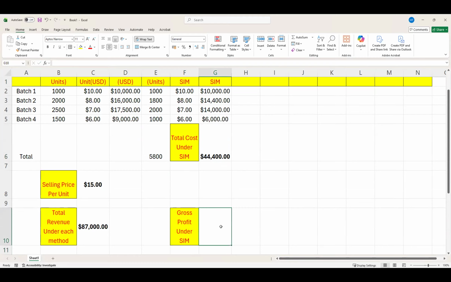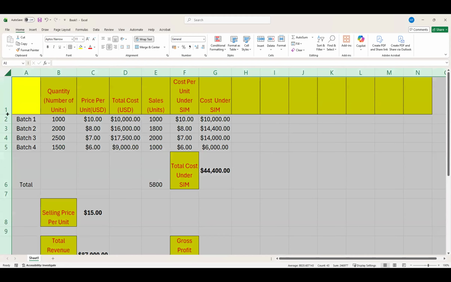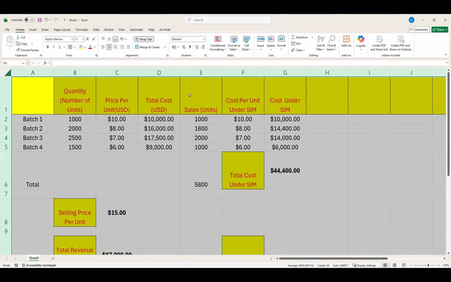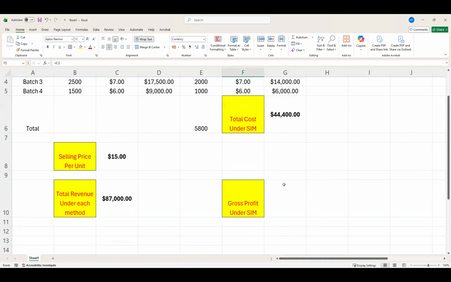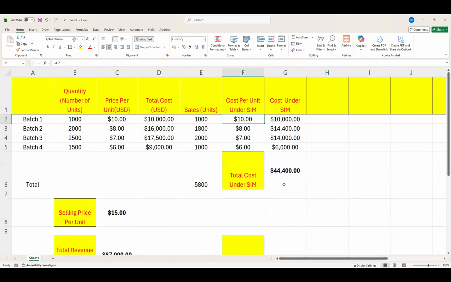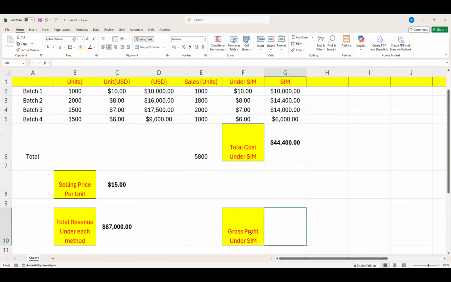Be very attentive. It will help you actually. Which two cells should I subtract to get the gross profit under the specific identification method? Quickly. C10 minus G6.